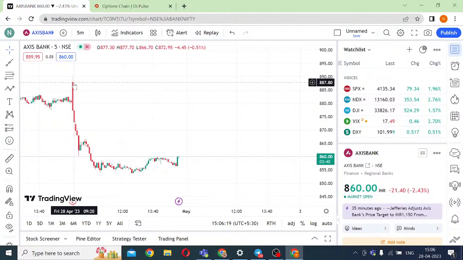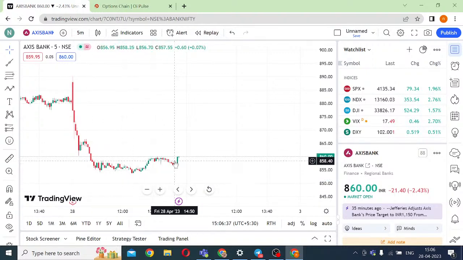Now, if you try and correlate, the same thing happened with HDFC. Same thing happened with ICICI. The same pattern has repeated with Axis. If you see, it opens gap up and then shows a sharp fall, stabilizes in the last half.